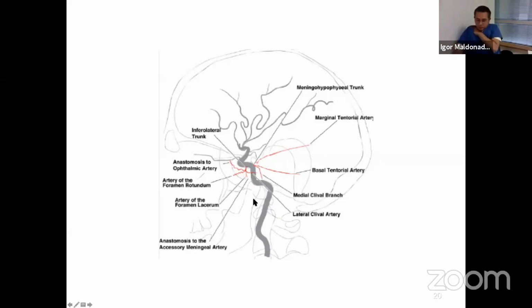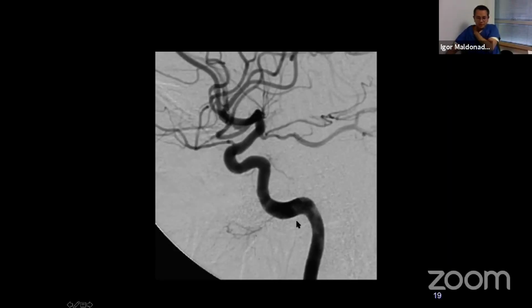In this angiogram, we can also see some very tiny vessels that we don't see in every angiogram. Some of them are very variable, and some are embryological remains, such as the persistent primitive vessels, but we can also have some tympanic branch or stapedial artery.